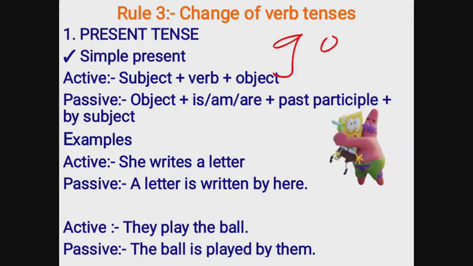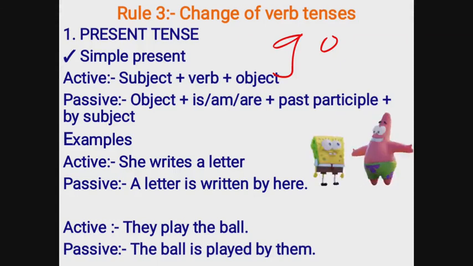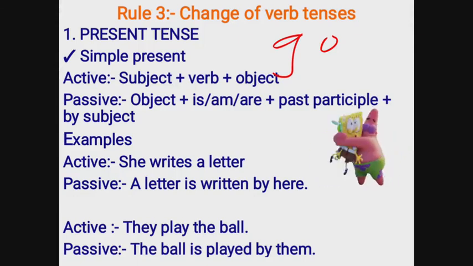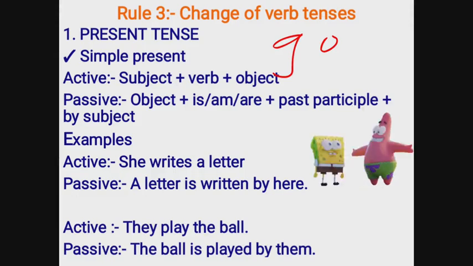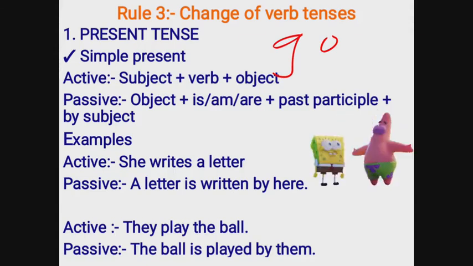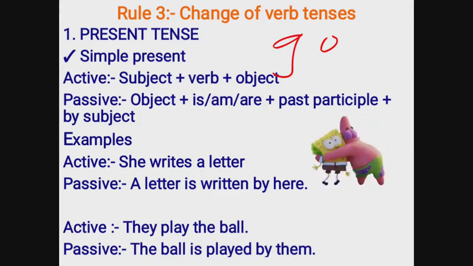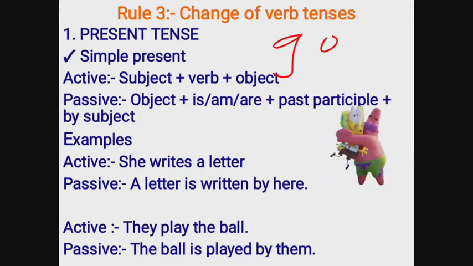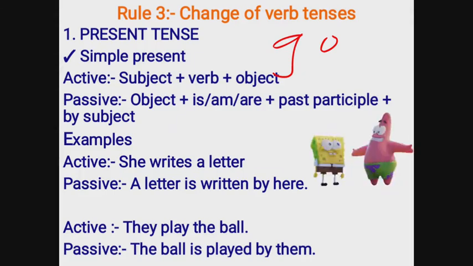Gone. Now, take note. We always use the past participle of every verb in the passive voice. No matter what kind of verb is given in the active voice, when changing it, we always use the past participle of that verb in the passive voice.